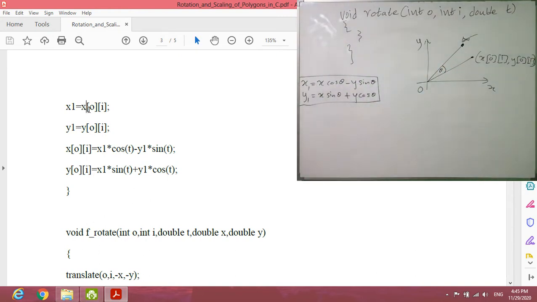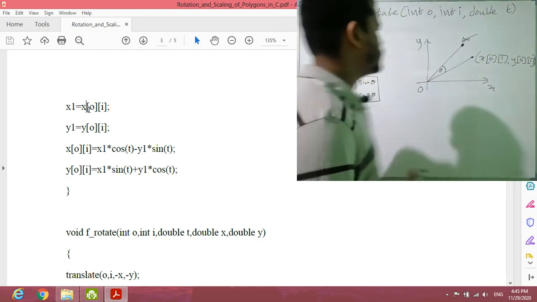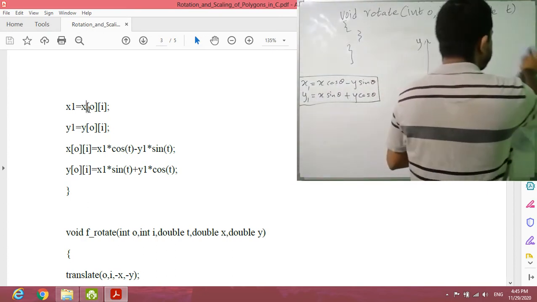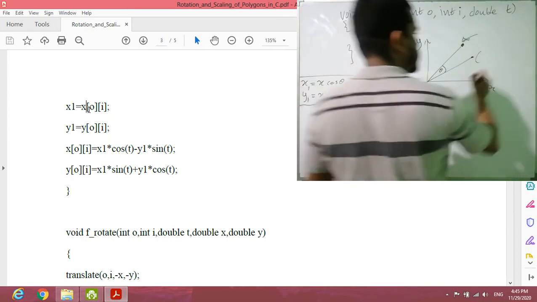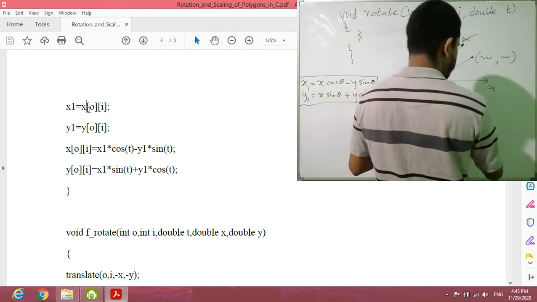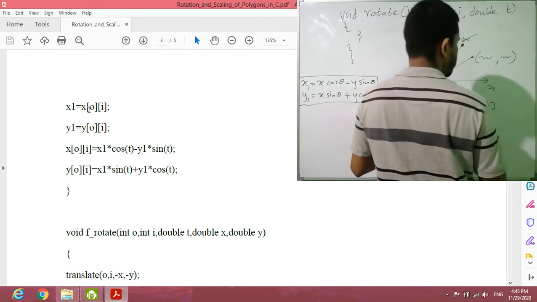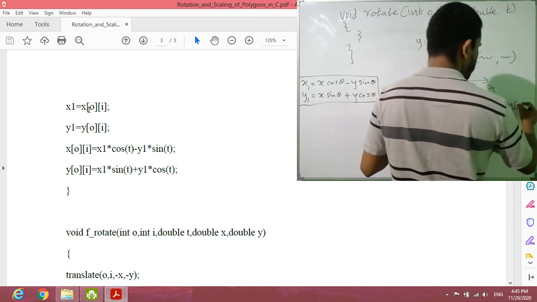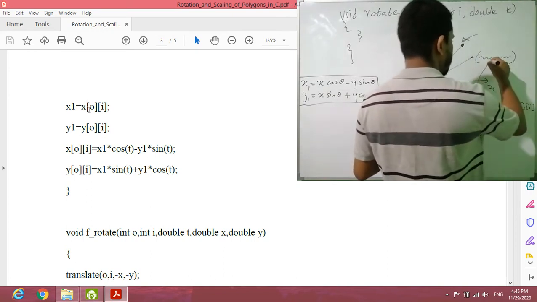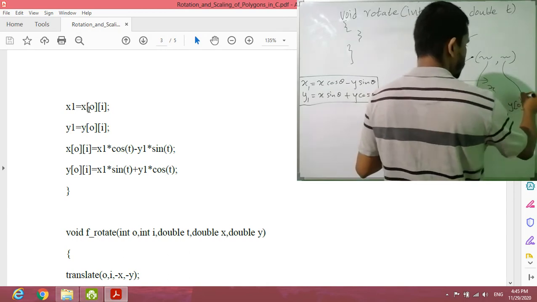Okay, so here, to this array element, let's write it in this way. You have two values, x[o][i] and y[o][i], this value here, this value here.